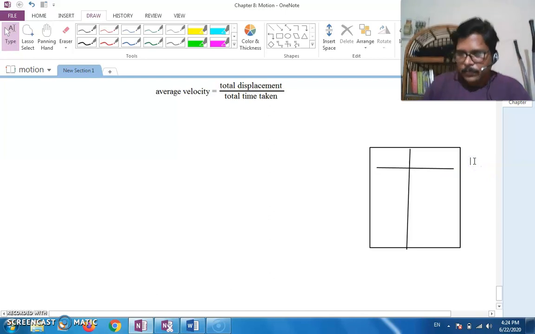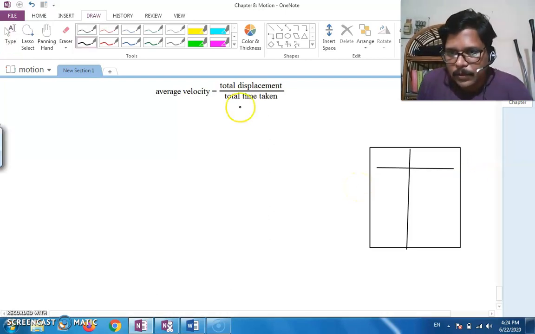I'm going to draw a small table here. In this table, it's a change in velocity with time. Time in seconds, and velocity in meter per second.